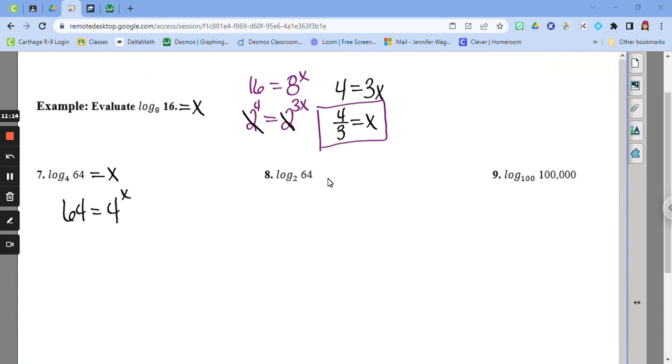We can use 2. So 64 is 2 to the 6th. 4 is 2 squared. Drop the base. 6 equals 2x. Divide both sides by 2. We get 3.